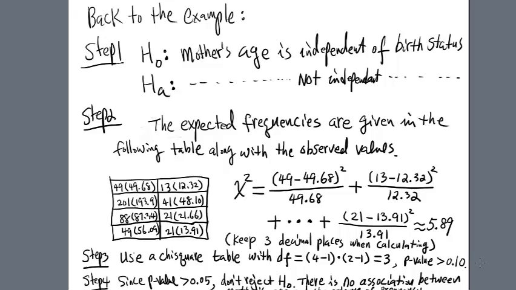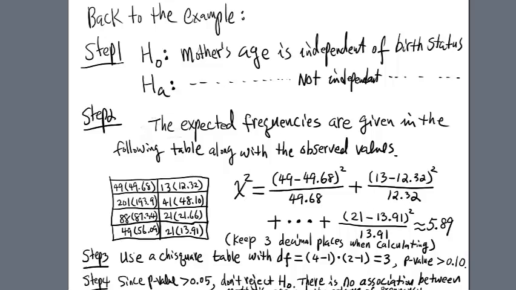You should check that all these expected frequencies are calculated correctly. With the formula, we got a chi-square value of 5.89. In the calculation, you should keep 3 decimal places so that your chi-square value is more accurate.